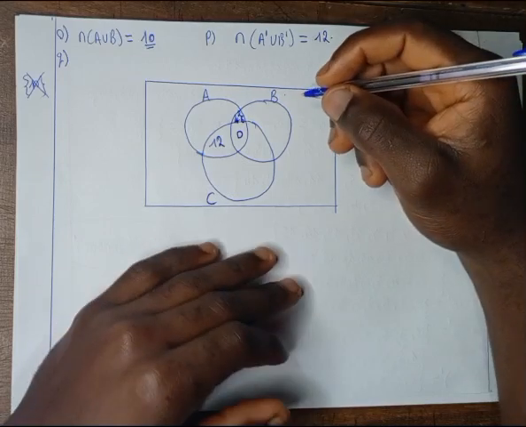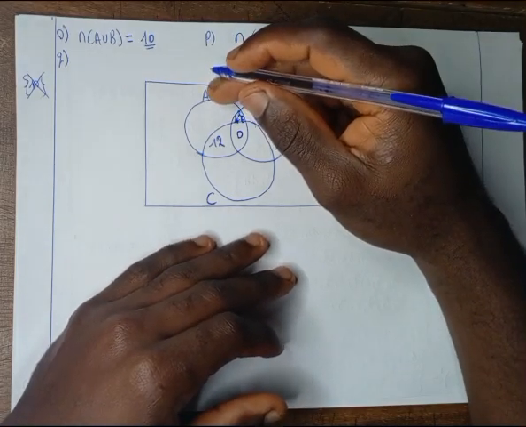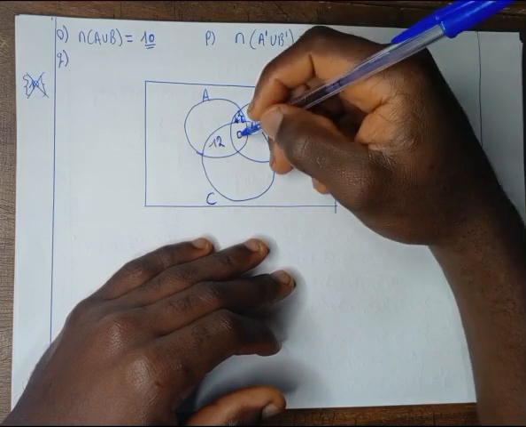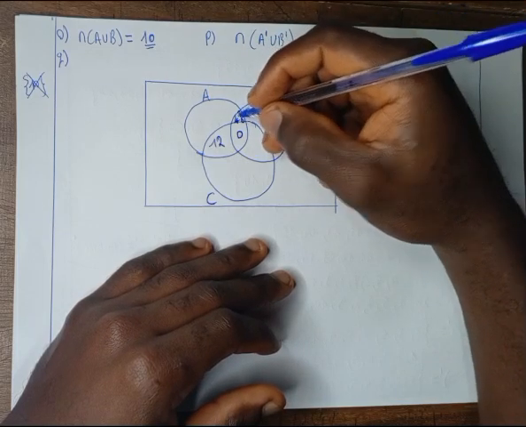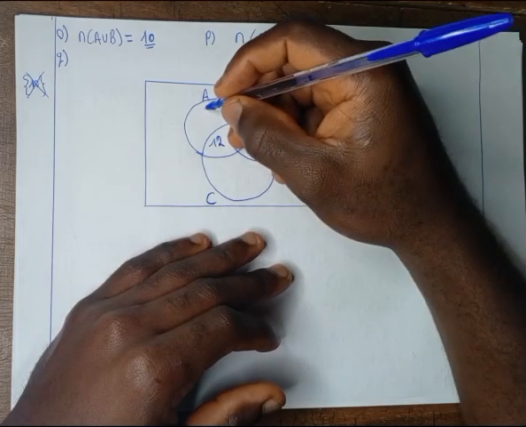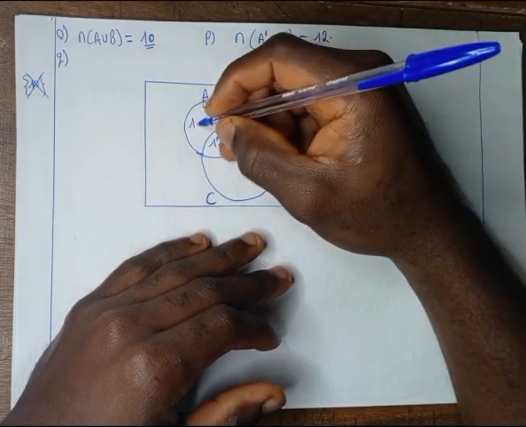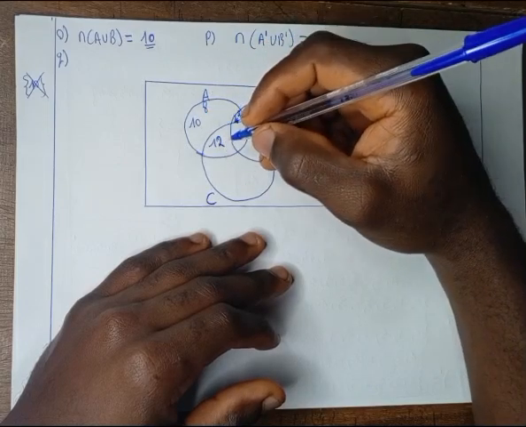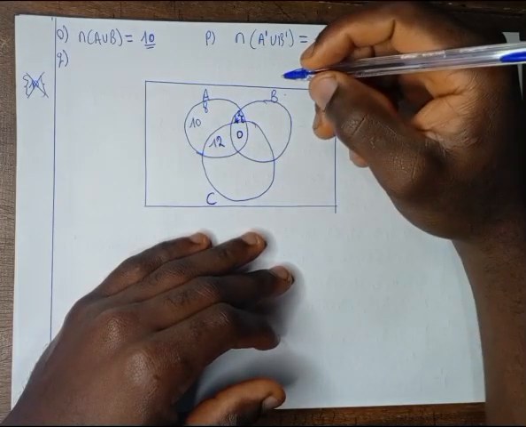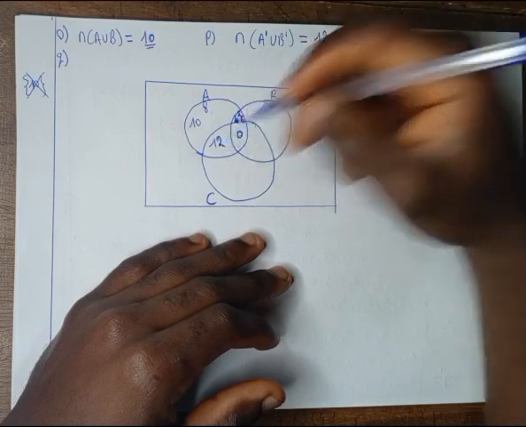Next, we are going to write out the elements of the set E. The set E has elements 0, 2, 4, 6, 8. We are going to put the 8 here. 10. We are going to write the 10 here. 12. If the set E is complete, we have 0, 2, 4, 6, 8, 10, 12.